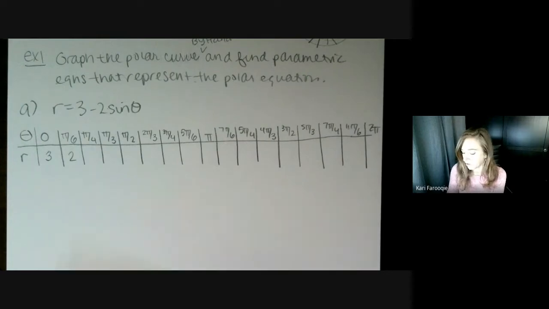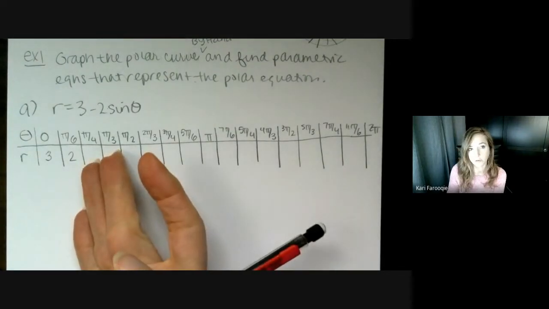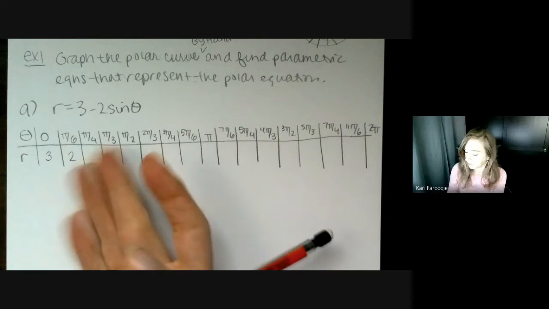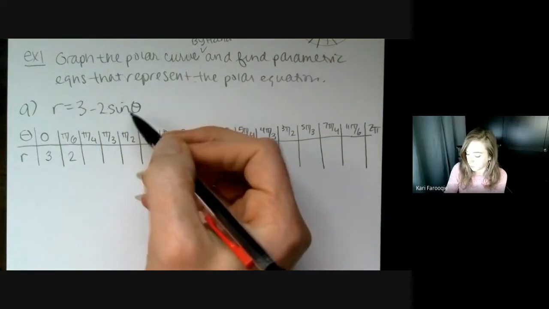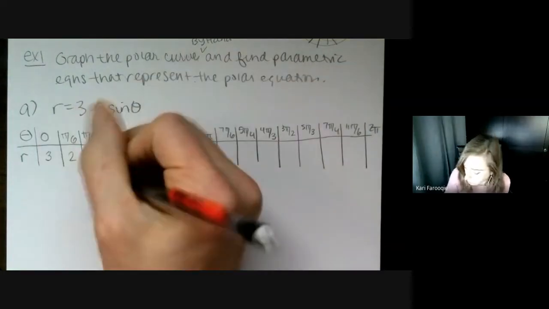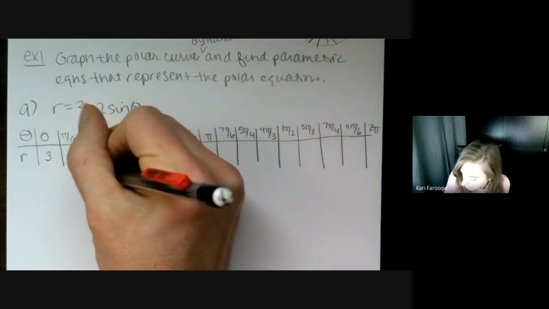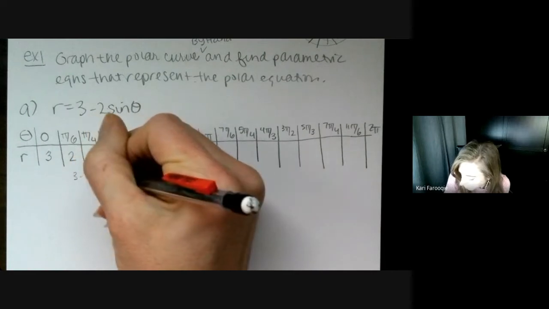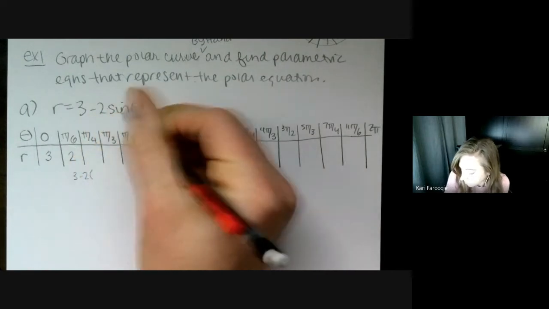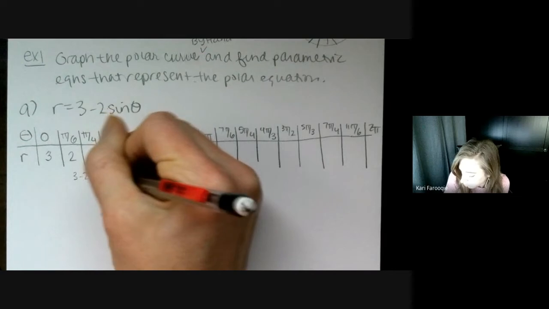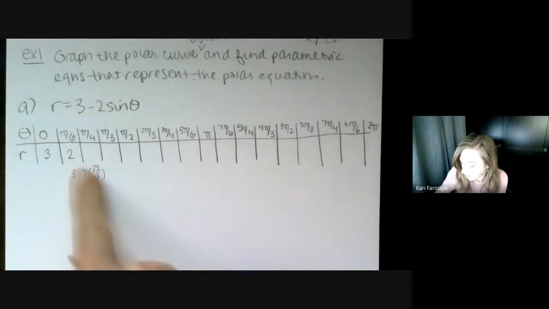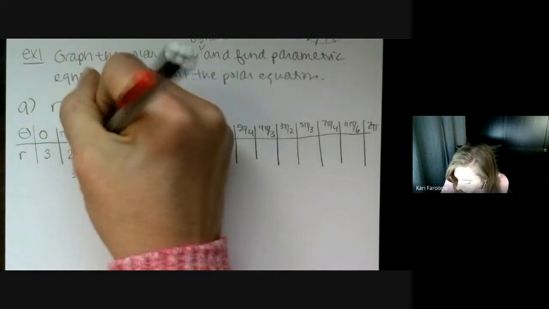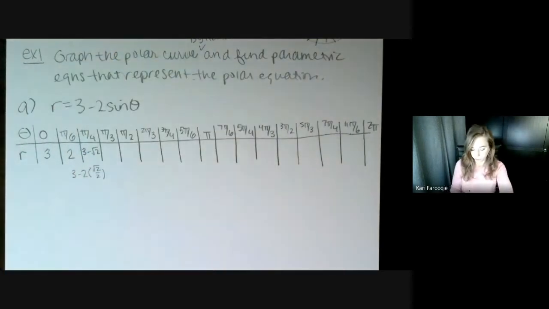Okay, some of these are going to be a little trickier when they have radicals in them. The sine of pi over 4 is the square root of 2 over 2. If you want to work here, you can. I'm just going to maybe put this on the bottom of the one I'm working on. 3 minus twice the sine of pi over 4, which is the square root of 2 over 2. So the exact value will be 3 minus the square root of 2.